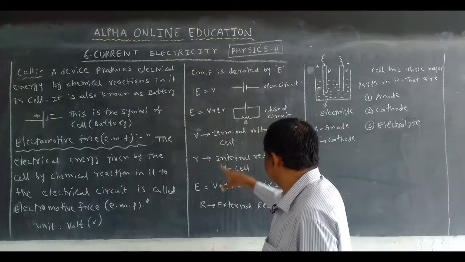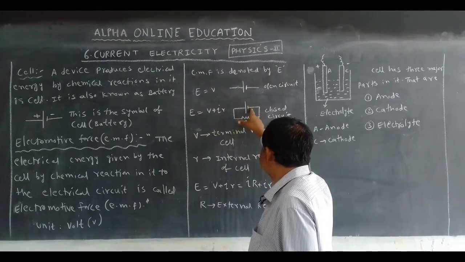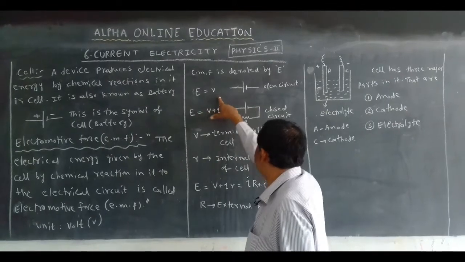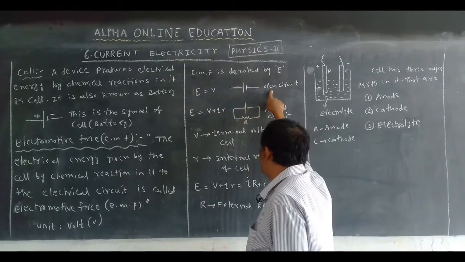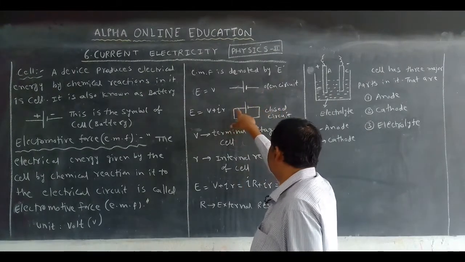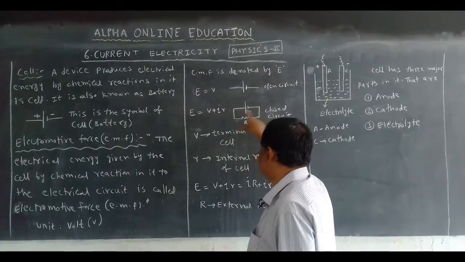So E is equal to V plus Ir when the cell is connected to the circuit. E is equal to V when the cell is not connected to the circuit, which is called open circuit. When the cell is connected to the circuit, it is a closed circuit.